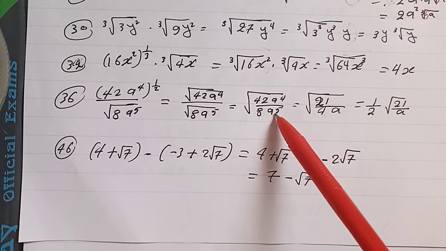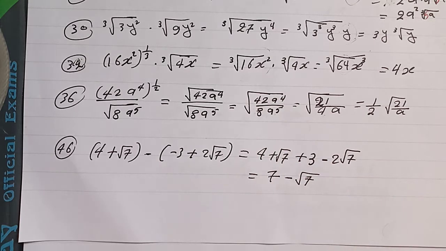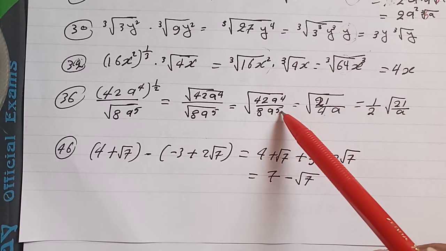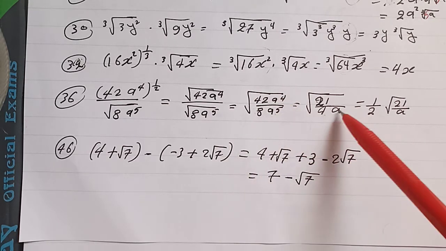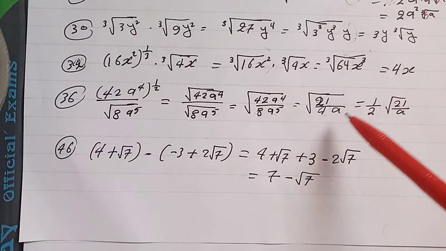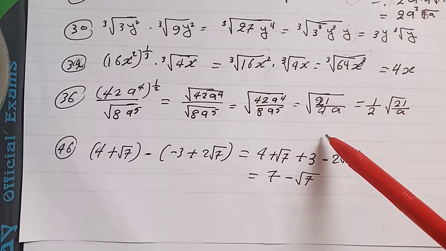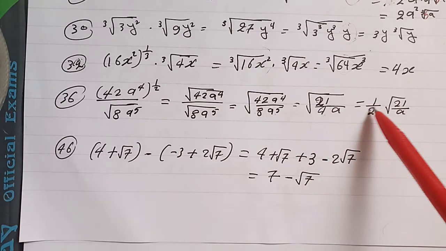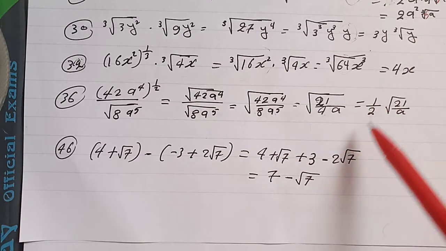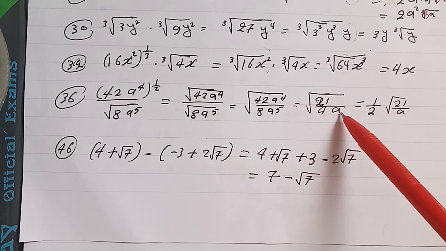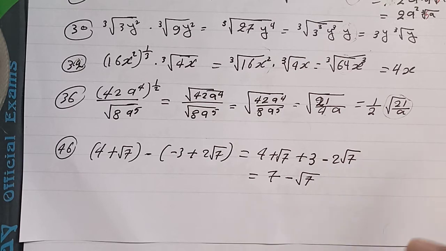Subtract the powers of a to the 4 and a to the 5: it will be a to the power 1 down, because a to the 5 is greater than a to the 4. The square root of 4 equals 2, but the 21 doesn't have a square root, and the 8 doesn't have a square root, so keep them under the square root.